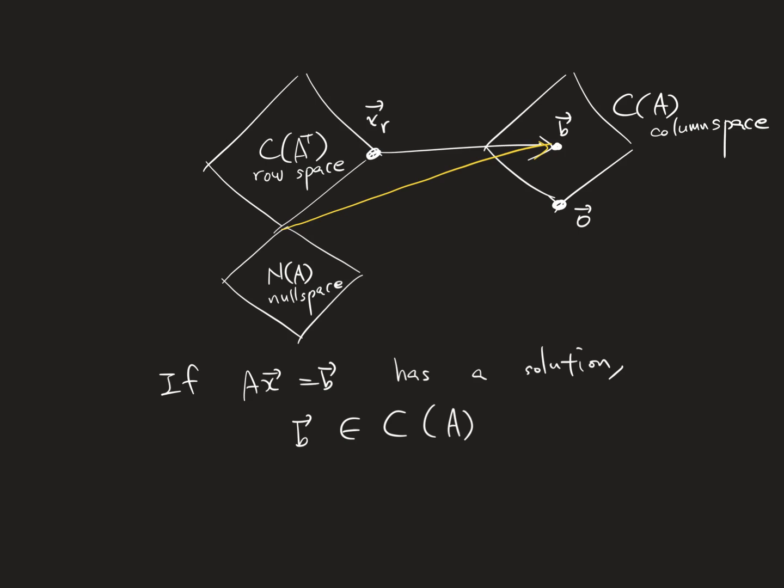So it's not this direction, and the null space vectors will go to a zero vector.